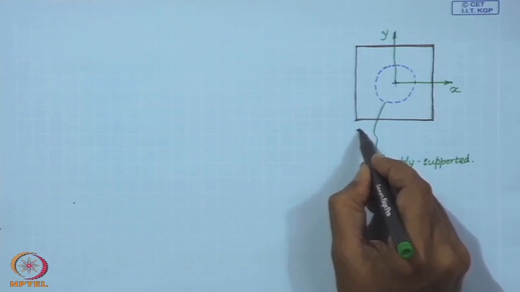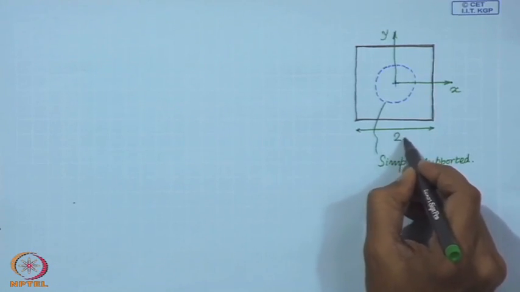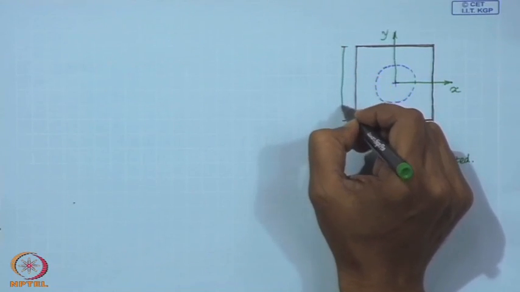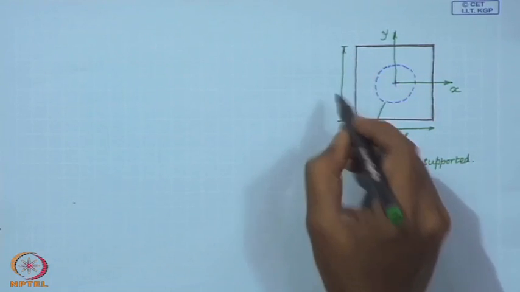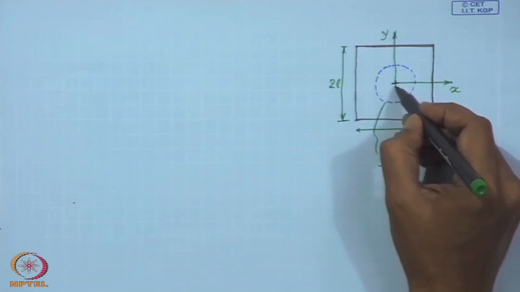We consider that the length is 2L and this is at the geometric center.